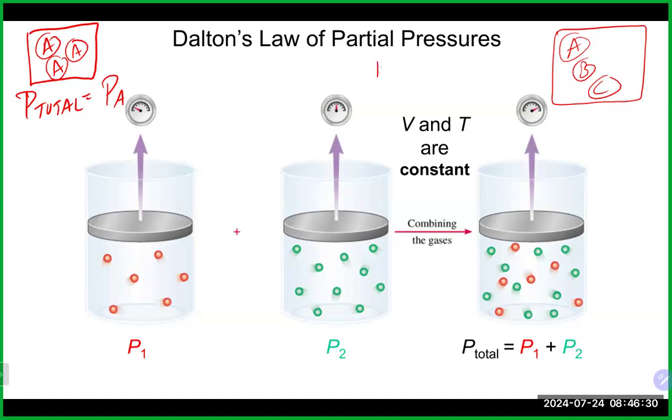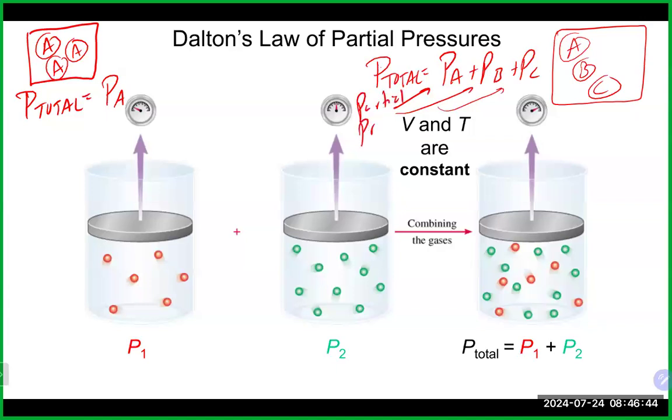So in this particular case, the total pressure will equal the pressure of A plus the pressure of B plus the pressure of C. These are what are referred to as being partial pressures because they partially contribute to the overall pressure.